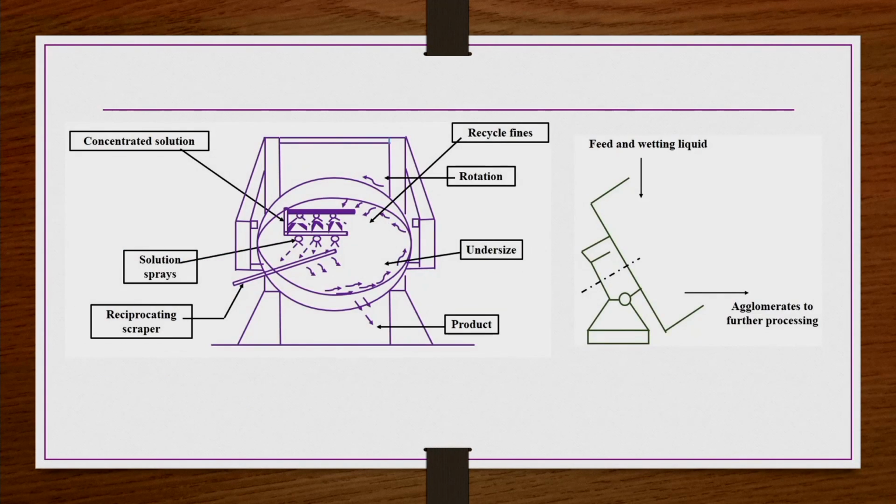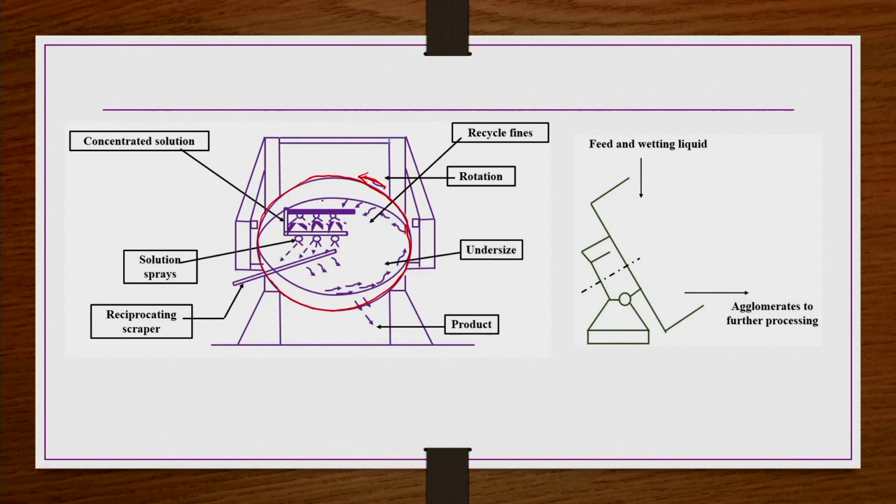As for the schematic, the industrial scale disc granulator shown in the previous slide has been redrawn here for clarity. There is a disc which will be rotating in this particular direction.